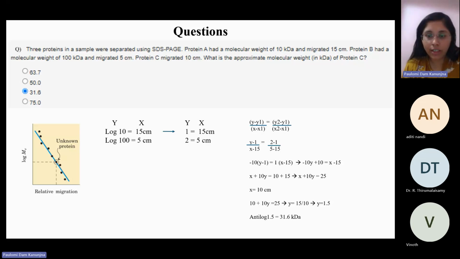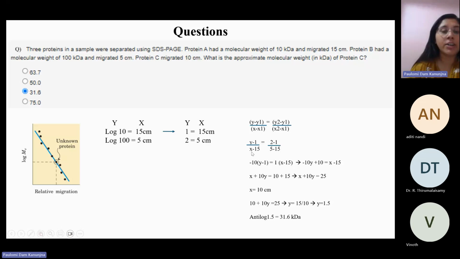What we are assuming is that at any point y, y minus y1 divided by x minus x1 is equal to the other values also. The fraction or the percentage or the ratio of the difference will be the same in a straight line. So y minus y1 divided by x minus x1 is equal to y2 minus y1 divided by x2 minus x1.